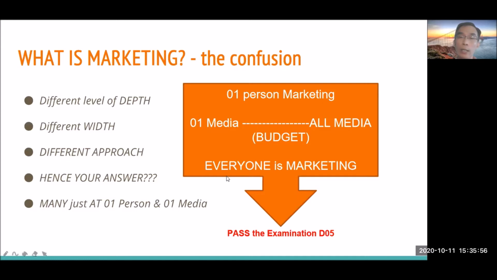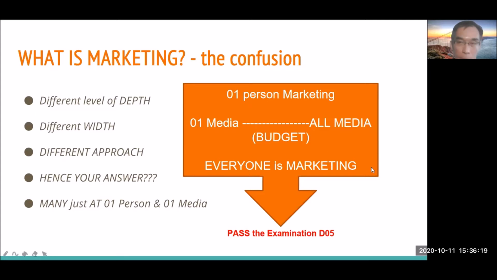So I put in this chart, very much a scenario. From the top to the bottom is depth. You think of one person marketing, or you think of everyone is marketing. Let's say you are a developer company. Now you are looking at whether it is only yourself selling, doing the marketing, or is it everybody?